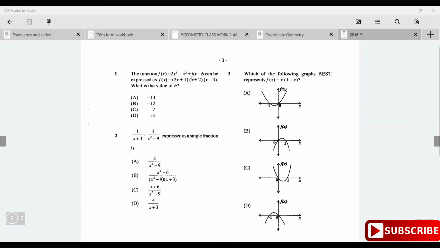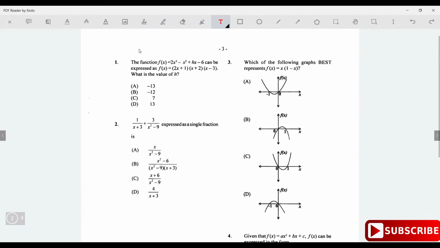As you can see right here, h is the pairwise product of the three roots. So h is actually equal to, the roots would be minus a half, times minus 2 times... all right, so let's not do it that way. h over 2, sorry. h over 2 is equal to, because remember, it's c over a.